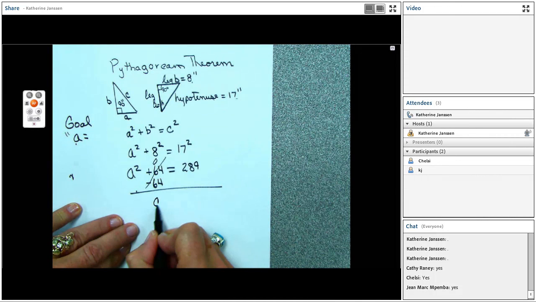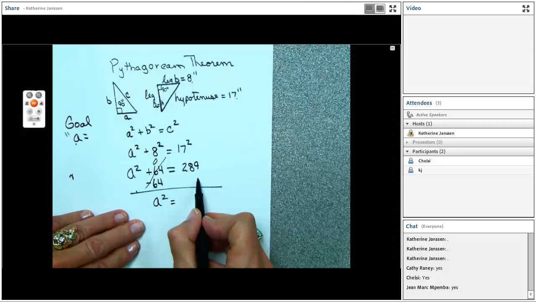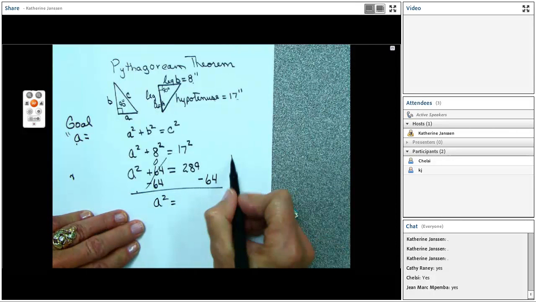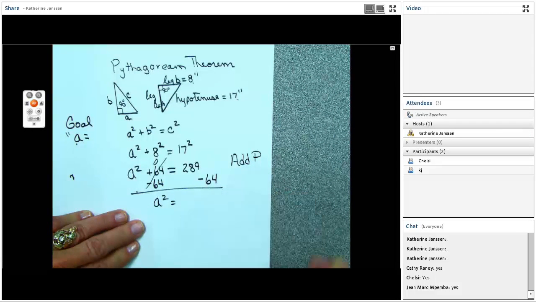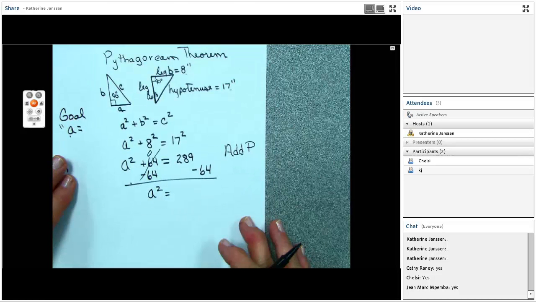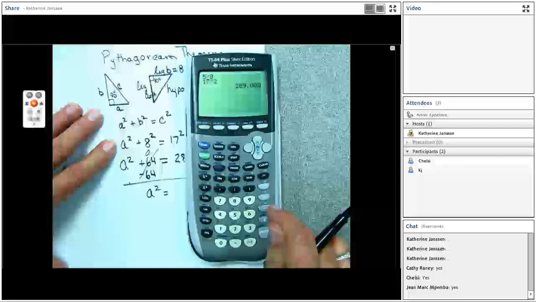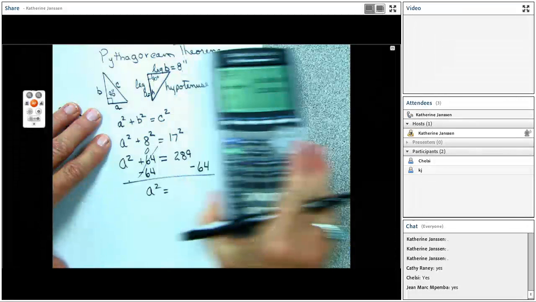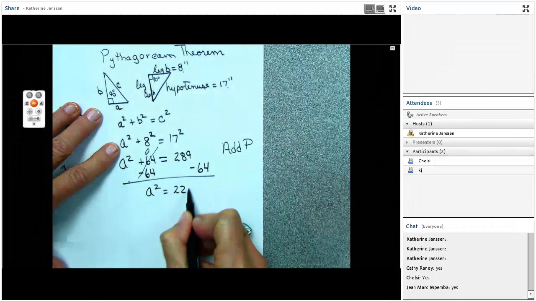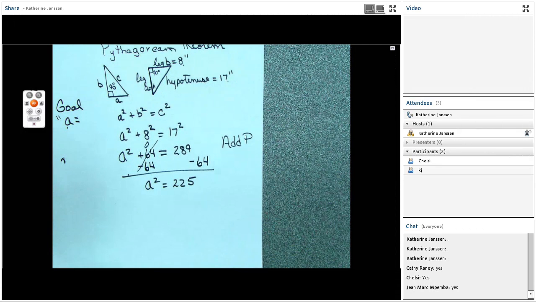So I'll have A squared equals, but if I'm going to subtract 64 from this side, I have to subtract it from the other side as well. I'm using my addition principle. And 289 subtract 64 is 225. So A squared is equal to 225.